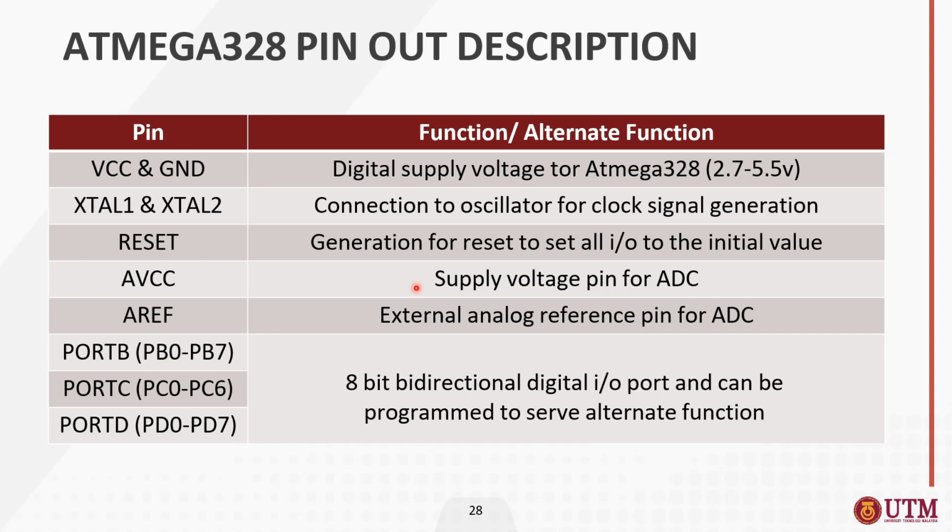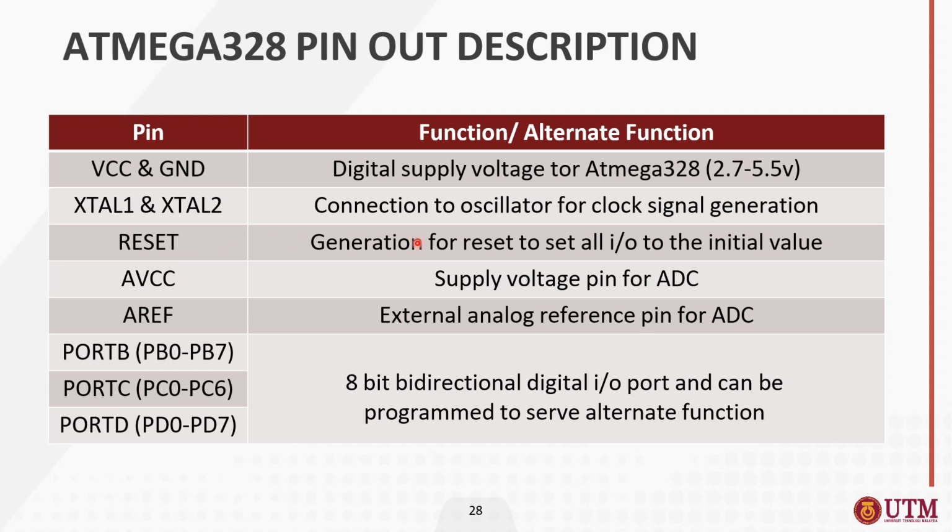And then you also have XTAL1 and XTAL2. This is actually connected to an oscillator for clock signal generation. It is important for you to have a clock in your microcontroller because you want to measure the sample rate, the rate of communication, the serial data, the baud rate, and so on.